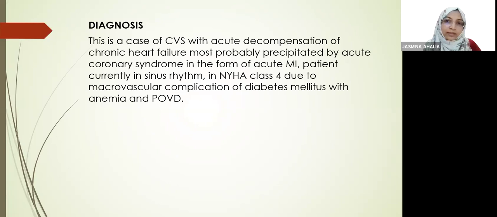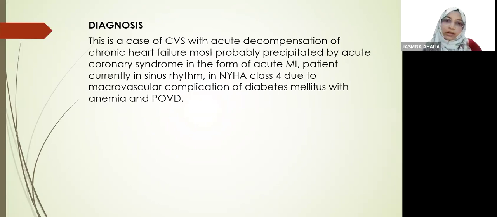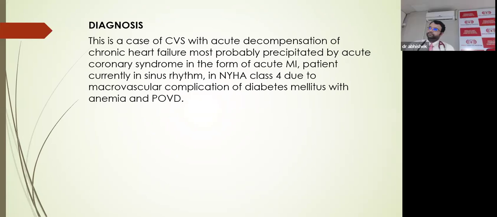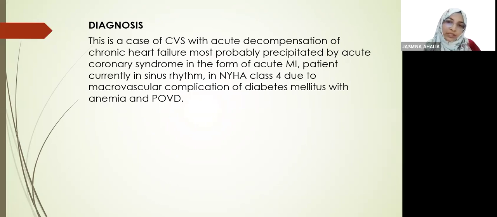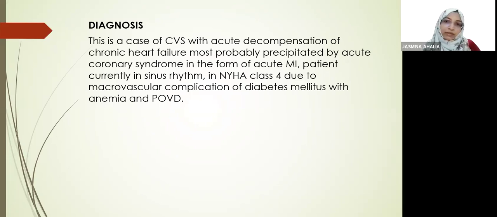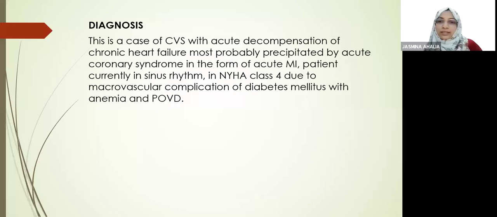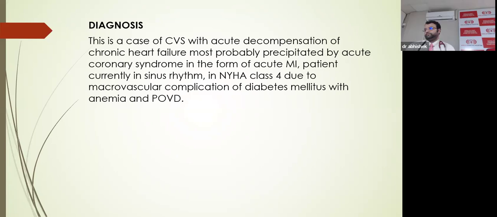So there is a high chance that he will have atherosclerotic vascular disease. So I thought of acute coronary syndrome worsening the heart failure in this patient, sir. And in acute heart failure, the most common cause is acute myocardial infarction. So I will consider it as the first differential diagnosis, sir.